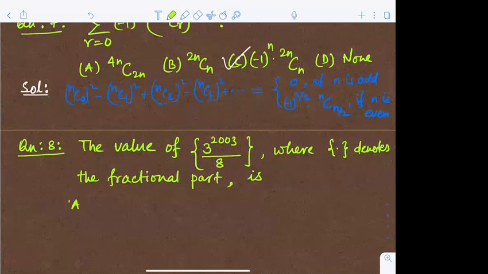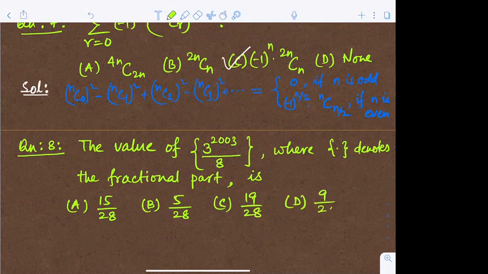Here the option A is 15 by 28, option B is 5 by 28, option C 19 by 28, and option D 9 by 28. So you have to find the fractional part of that number.